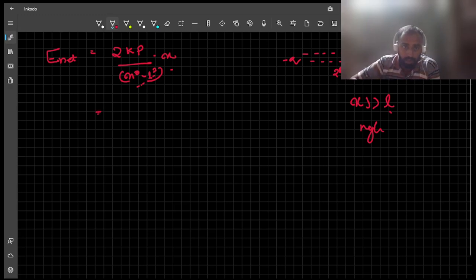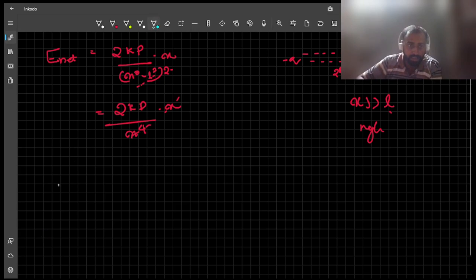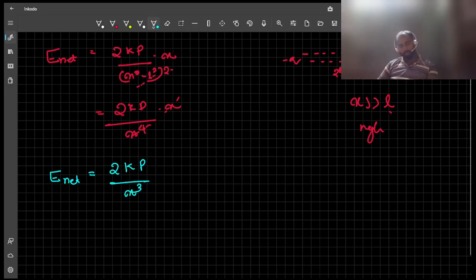So now what will be the outcome? 2kp by x raised to 4 into x. Here the square term is there, so if I neglect this L, it will become x raised to 4. Can cancel one term. So finally I can write E net is equal to 2kP by x cube.